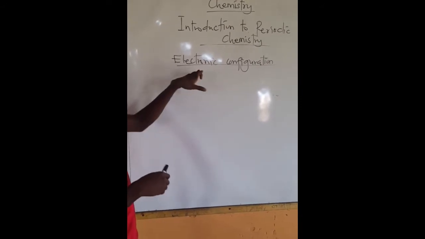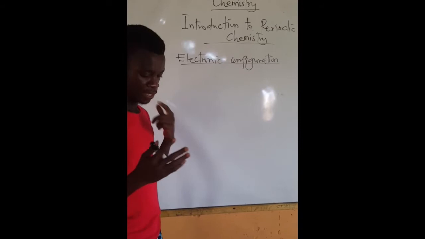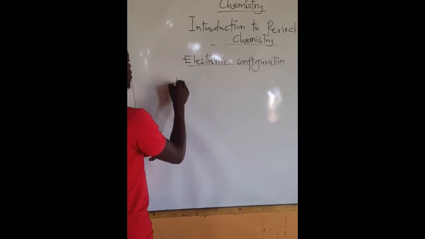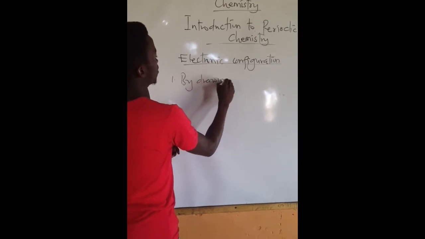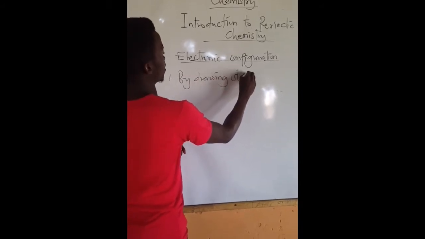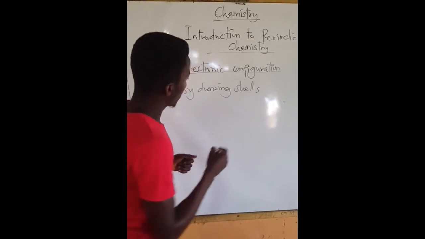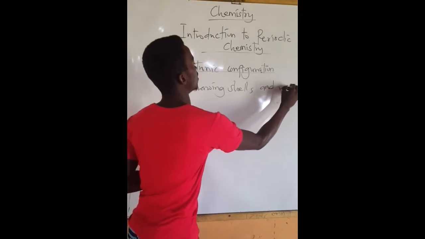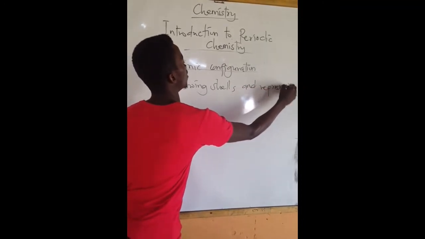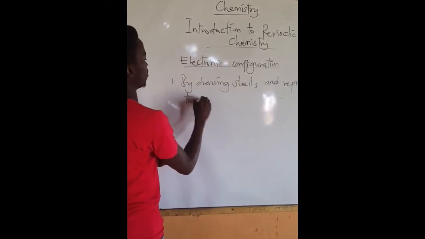So when we take the electronic configuration, it can be represented in 2 ways. So the first way is one, by drawing shells and representing the number of electrons.